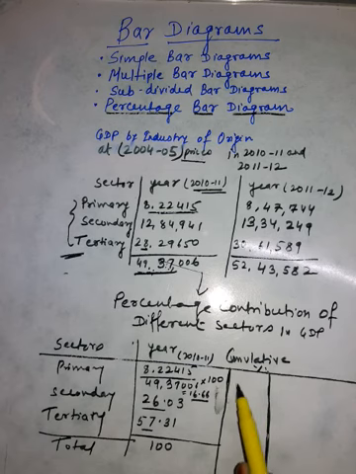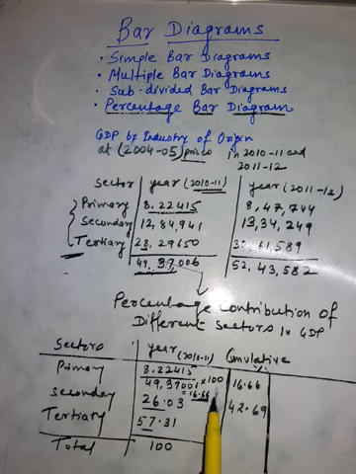First, the cumulative frequency directly will be 16.66, but after that we will add 16.66 plus 26.03, that will be 42.69. I repeat again, you will have to add this number with this number.